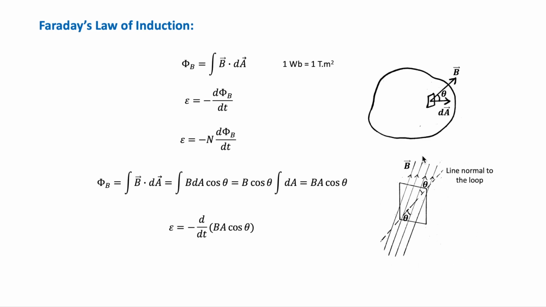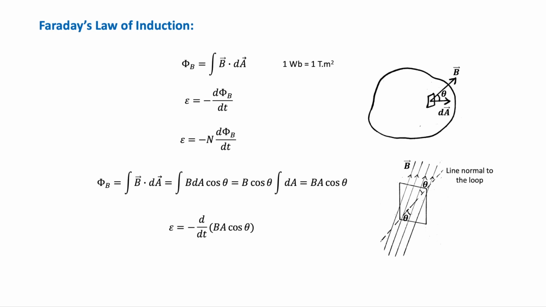So for this loop shown, the flux is equal to the integration of B dot dA, and since B and theta are constant, we can take them out of the integral. And the integration of dA is A. And so the induced electromotive force is minus d over dt of BA cosine theta.